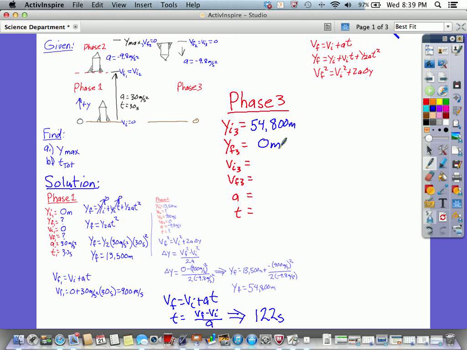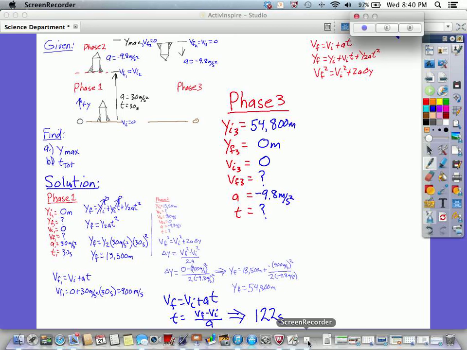My initial velocity at 3 was my final velocity at 2, which we determined to be 0. My final velocity, I don't know. My acceleration, minus 9.8 meters per second squared. And my time, I don't know. That's something that I need to find out.